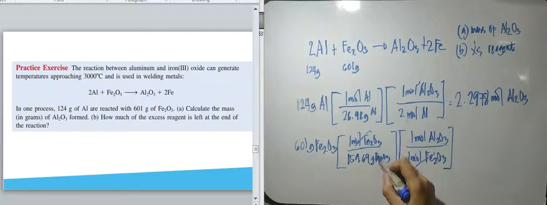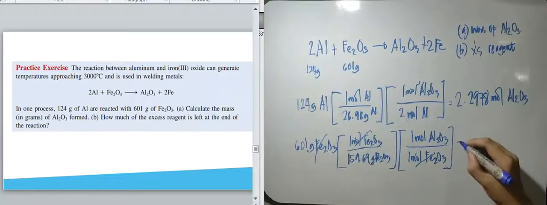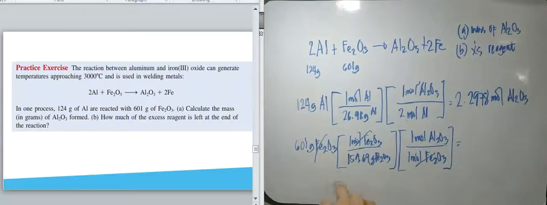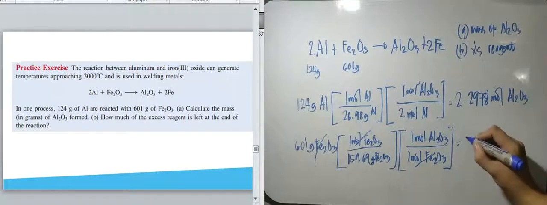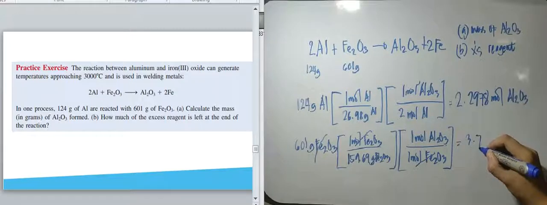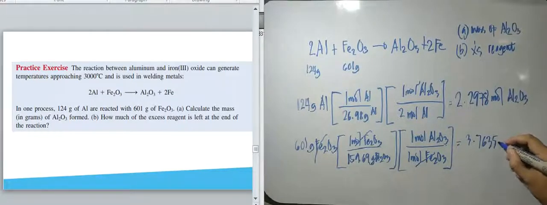Cancel, cancel. So after 601 divided by 159.69, we will have 3.7635 moles of Al2O3.